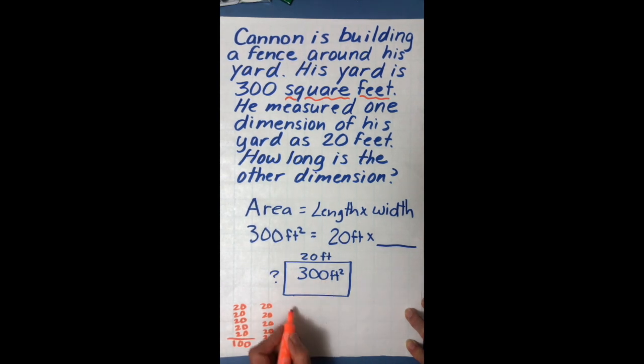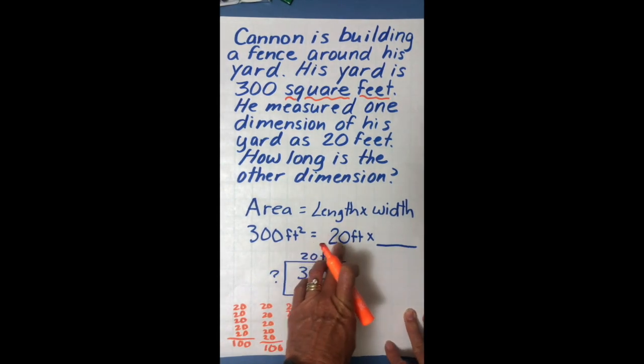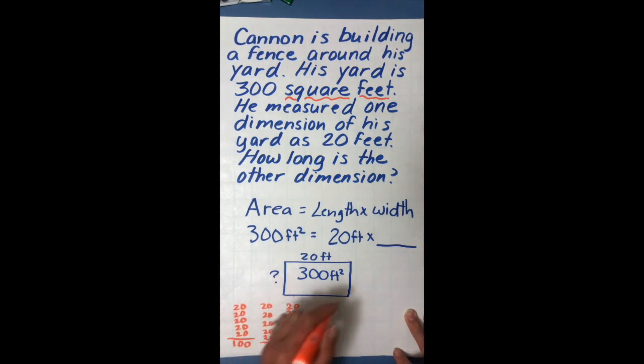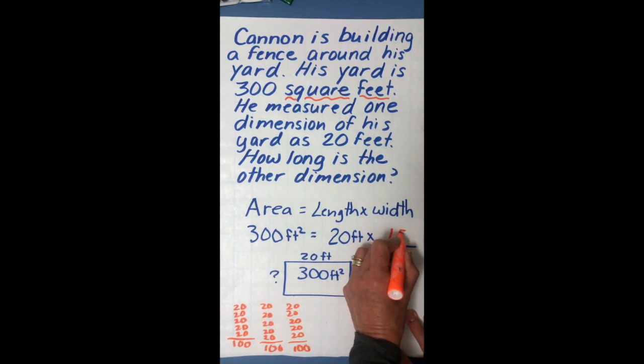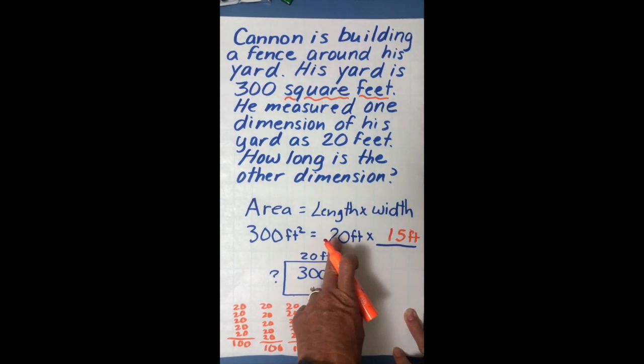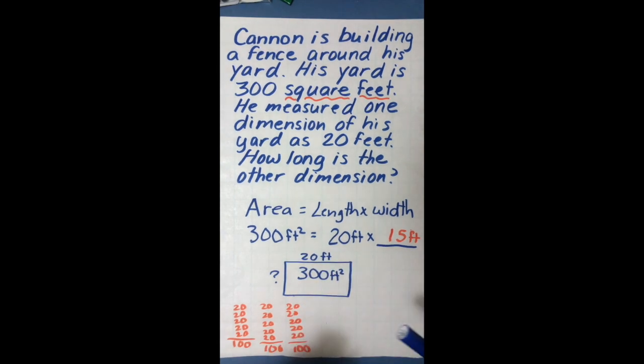I'll have to get to one more. 20, 40, 60, 80, 100. Yes. Now how many groups? I have how many 20s? 1, 2, 3, 4, 5, 6, 7, 8, 9, 10, 11, 12, 13, 14, 15. Because I know I can do this backwards. I can do 15 groups of 20 is equal to 300.